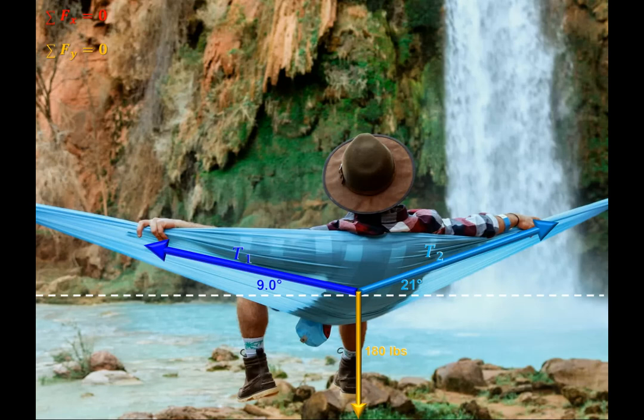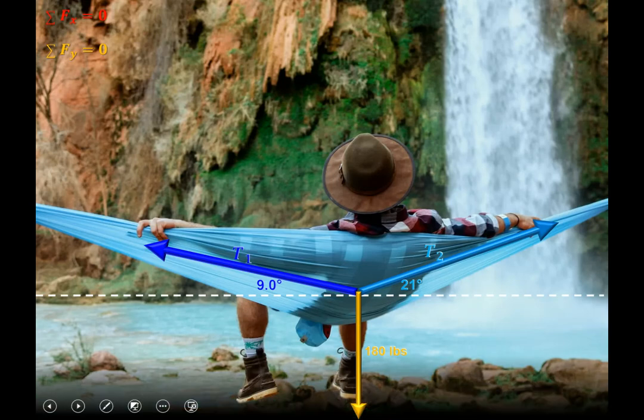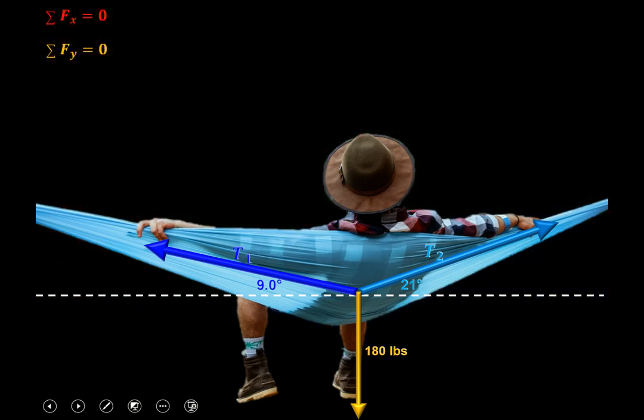Our right side's a whole lot taller than our left, so now we have two tensions to deal with. The hammock's not moving, so we know that our net force in the X and our net force in the Y are 0. It's at equilibrium. We just need to figure out how much tension our right side is having and how much our left side is having.